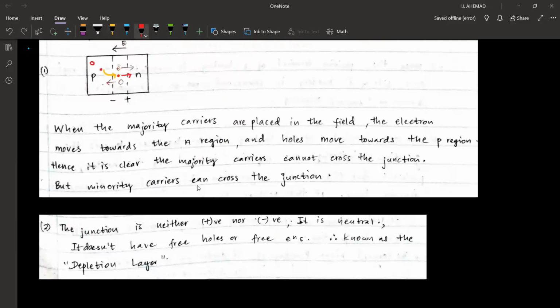So the majority carriers cannot cross this junction, but the minority carriers can. Similarly, on the n-type side, a hole is a minority carrier. When it comes to the junction, it is taken to the other side. So the minority carrier can cross the junction.